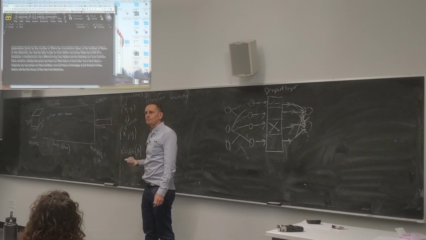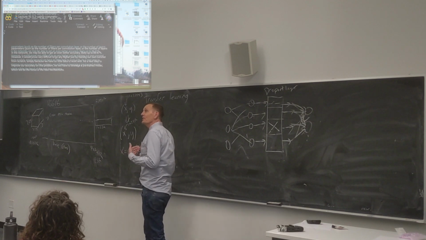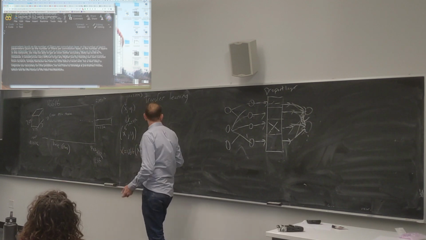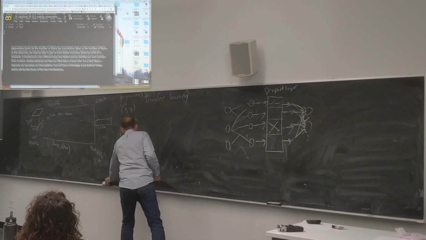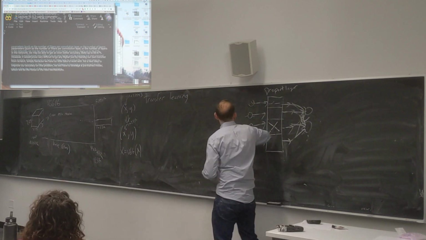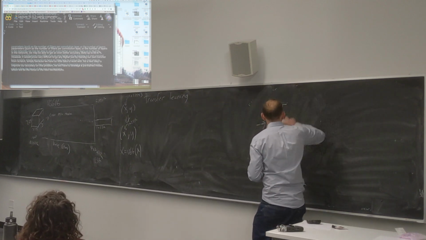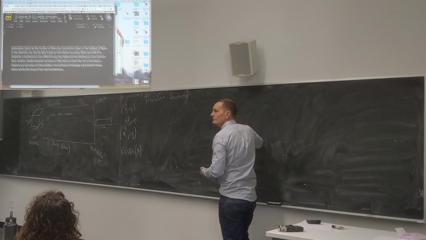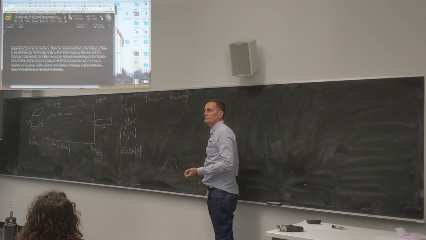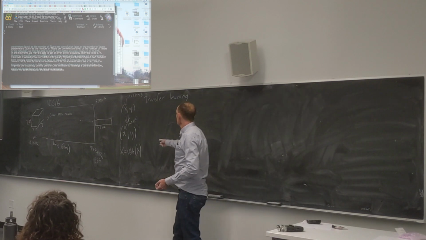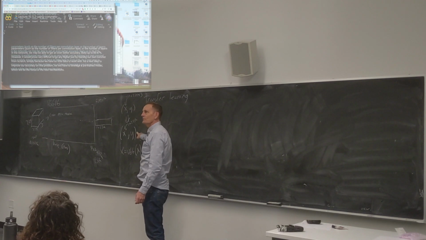Does that make sense? And then we're going to build ourselves a fully connected network. Our fully connected network is going to have what size input? How many of these training examples do we have? 2,000.